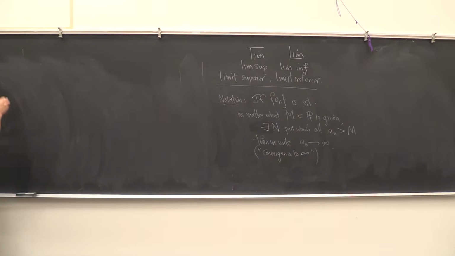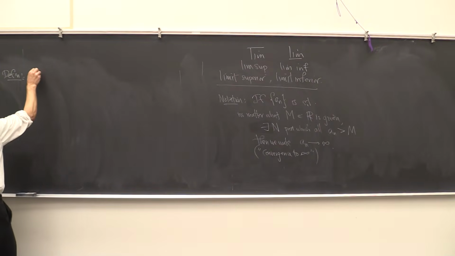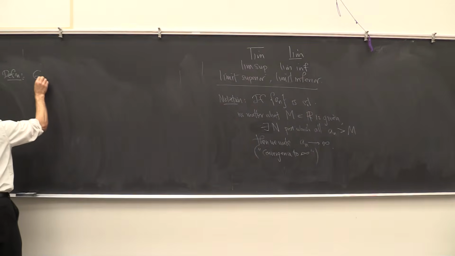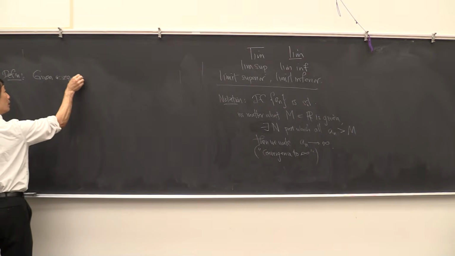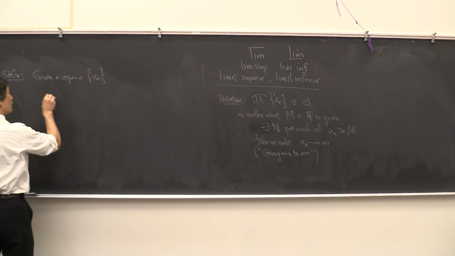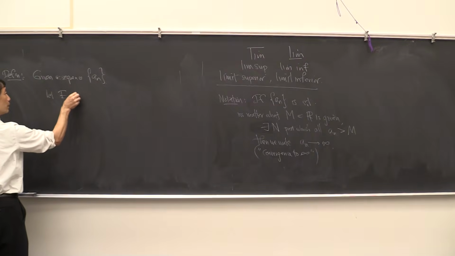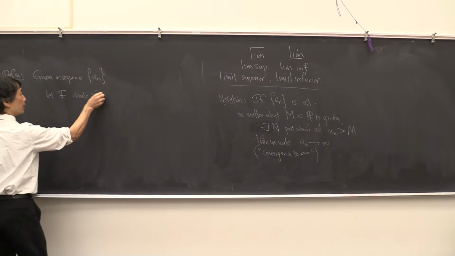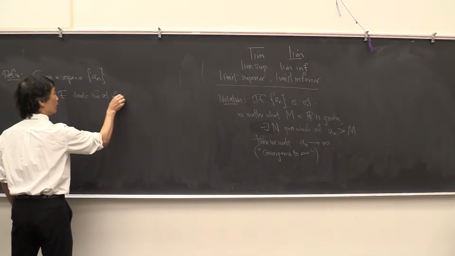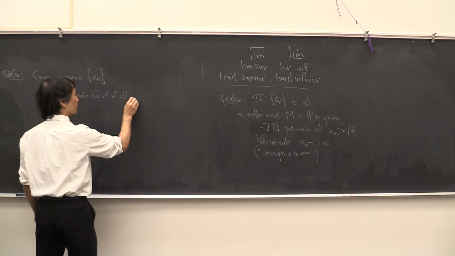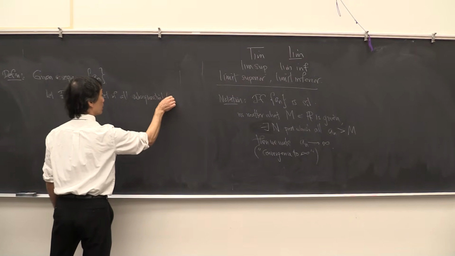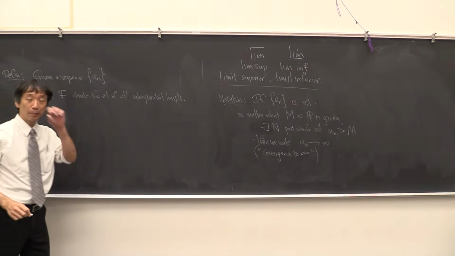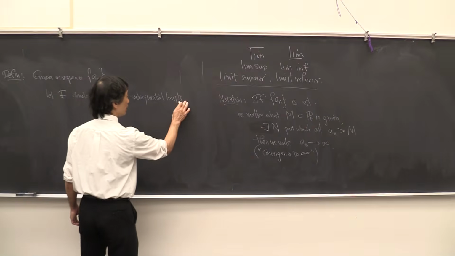Okay. So here's the definition of the lim sup. Given a sequence a sub n, let E denote the set of all subsequential limits of that sequence.